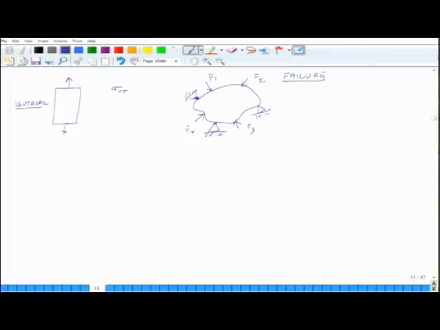What do you do? The first step is you find out stresses at all the points in the system. How do you do that? You do that using your regular formulas for beams. If the structure looks like a beam, then you use formulas for beams, or if it is a plate, you use formulas for plates, or if it is a very complicated structure, then you have methods like finite element solution and so on and so forth.